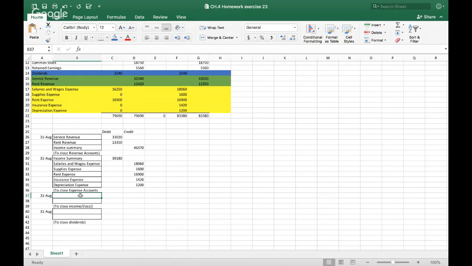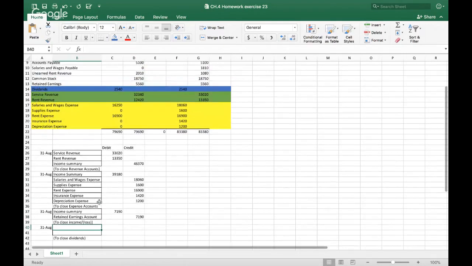And so this is what we're going to take from the income summary. That's our total in the income summary, if you will. And so we're going to debit our income summary 7,190. And we'll add this to our retained earnings account. We're going to credit our retained earnings account that much.